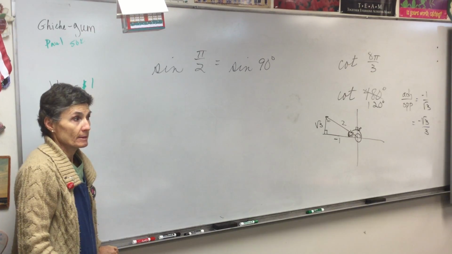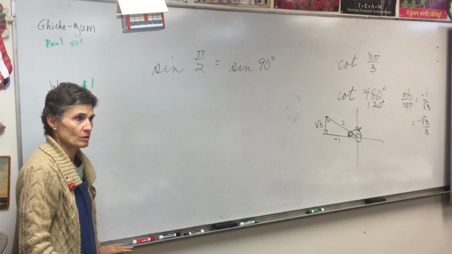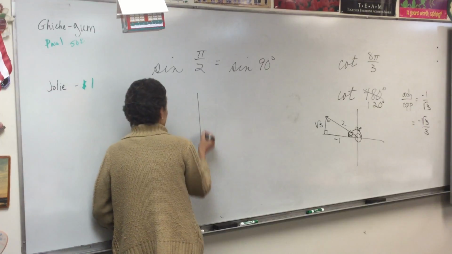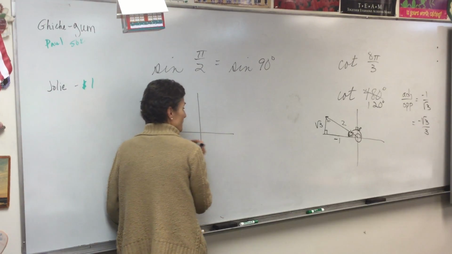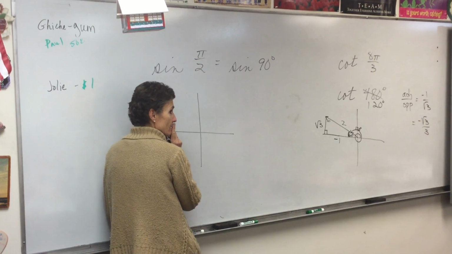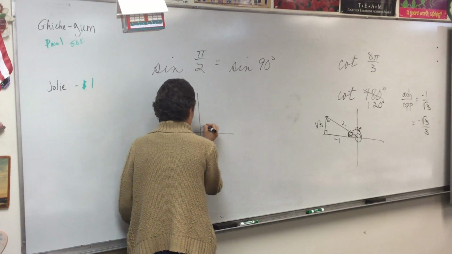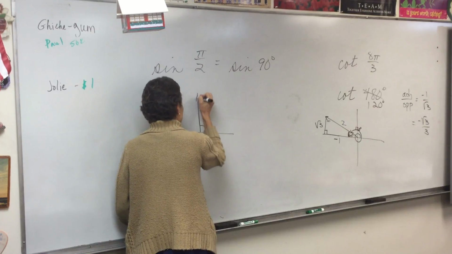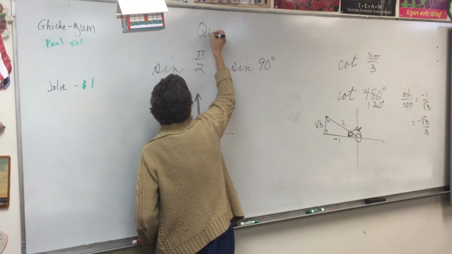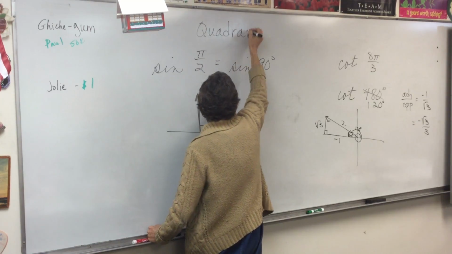Right? Now, are you starting to think about this now? Because what's your next step? You're going to draw, right? What's a little bit unusual when I draw this? 90. It's on an axis. Very good. This angle is what we call a quadrantal angle.